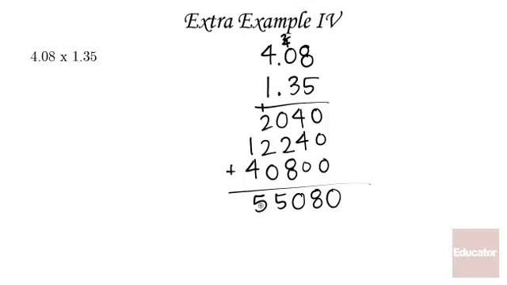Okay. So from here, after I multiply my 2 numbers, I'm going to look at the actual numbers that I multiplied, and I'm going to count how many numbers I have behind decimal points. So for this one, I have 2 numbers behind the decimal point, and here I also have 2. So total I have behind the decimal points 4 numbers.